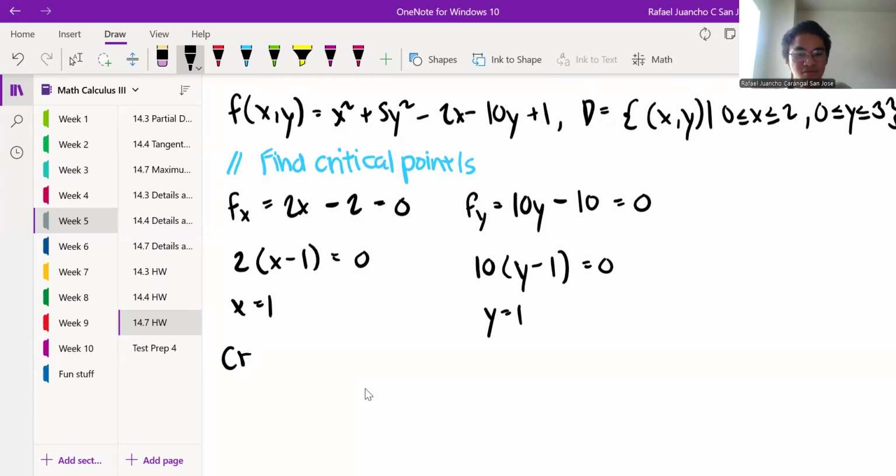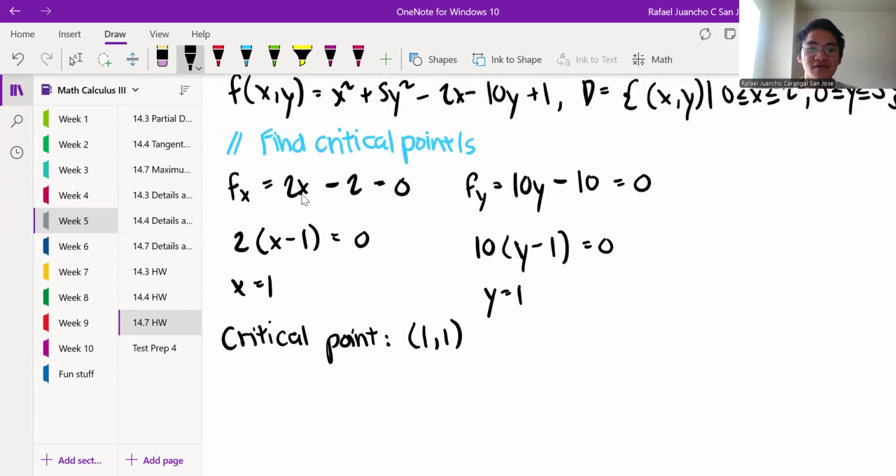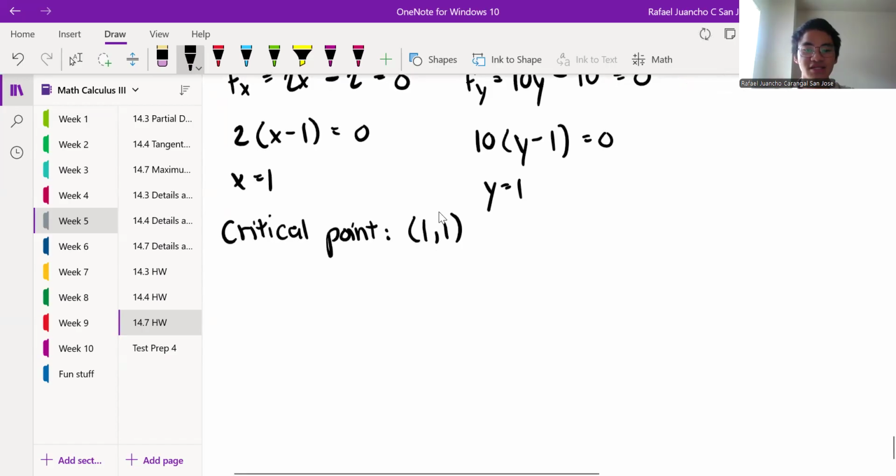And so our critical point, this is one of our lucky cases because we don't have to solve a system where we have two variables in the same equation. In this case, we don't.